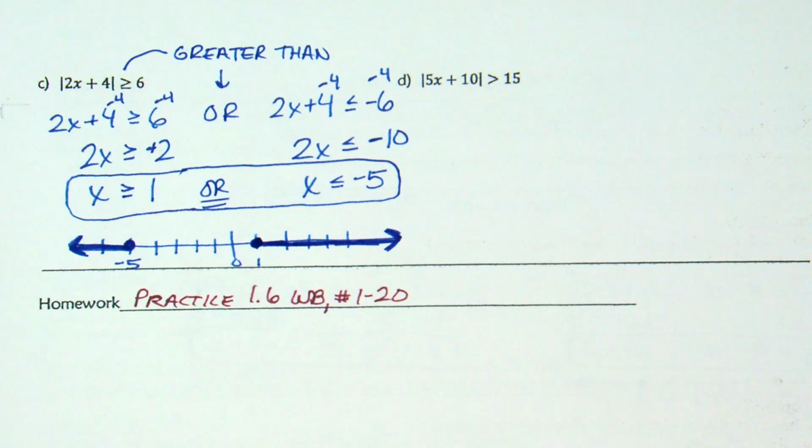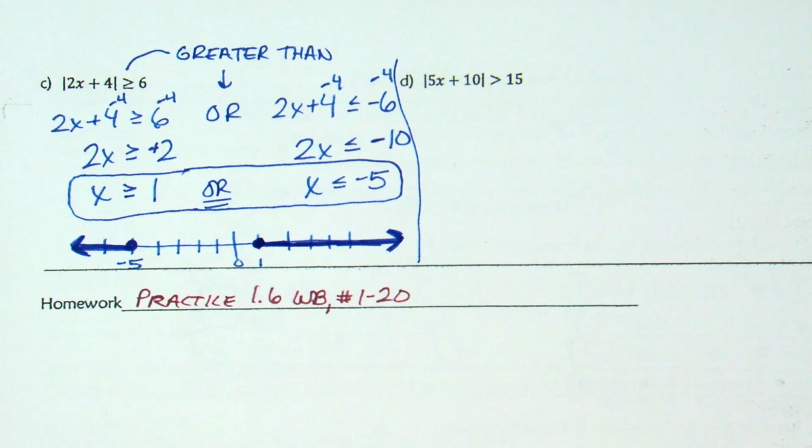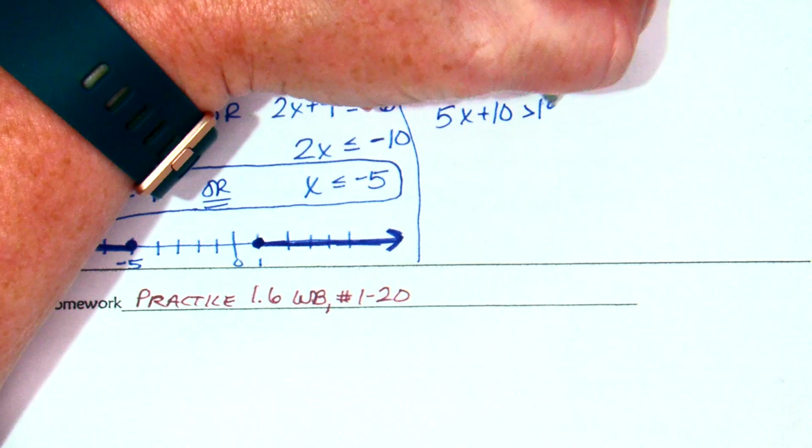Okay, are we getting the hang of this? D, you want to do a quick setup? I don't even know if we need to at this point. We've set them up several in a row, so kind of either got it or don't got it. 5x plus 10 greater than 15. What's my word?